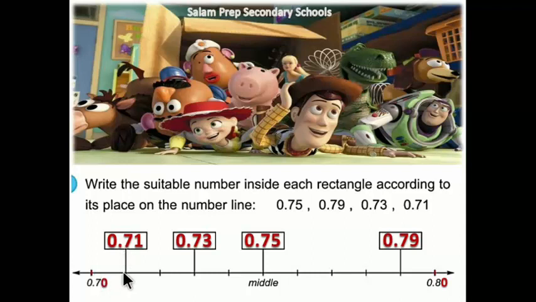This is the first jump, 71. So we will put 71 hundredths. 72, 73. I will write 73 hundredths. 74, 75. I will write 75 hundredths. 76, 77, 78, 79. I will write 79 hundredths. The last is 80 hundredths.